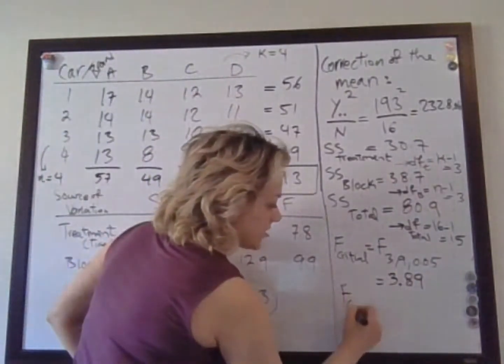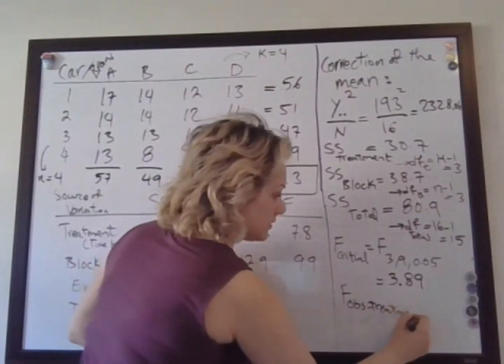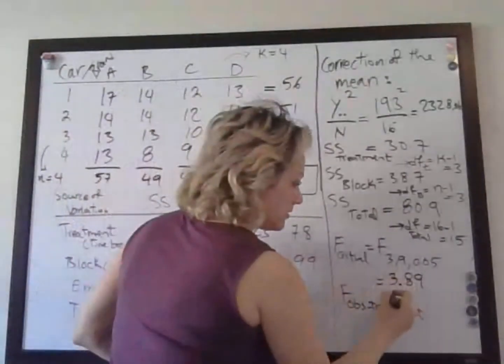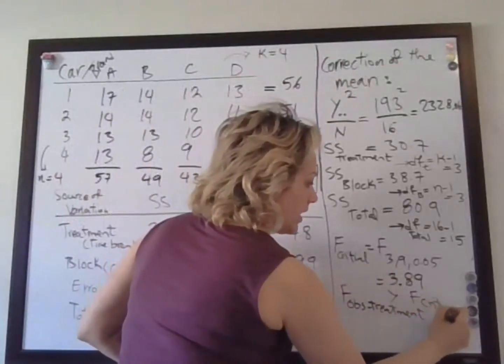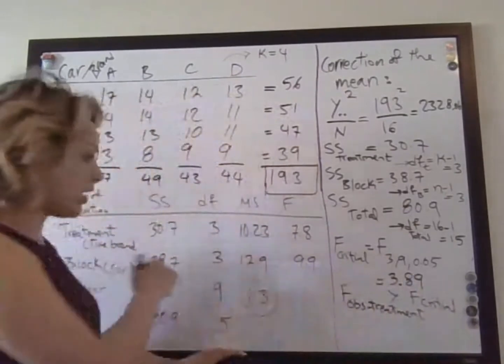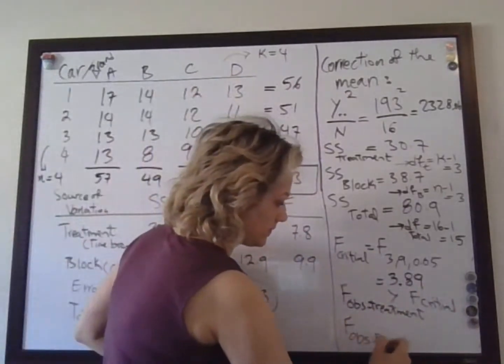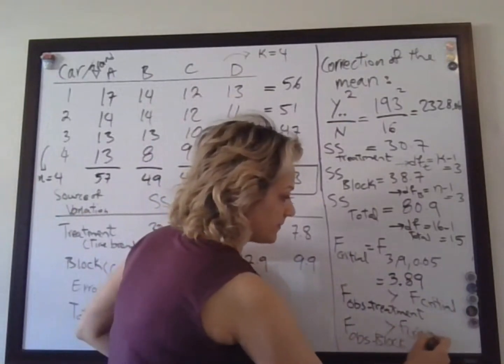So the F observed of the treatment is 7.8, so it's greater than F critical. And also the F observed of the block is greater than F critical as well.